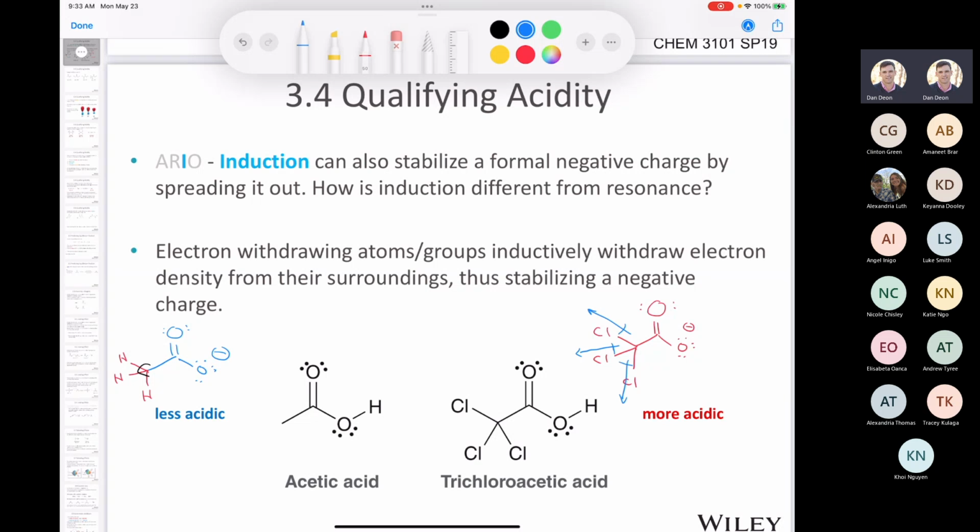So it pulls electron density away from the oxygen, and it stabilizes that negative charge even more. Again, we can't use atom, we can't use resonance, but because chlorine is electron withdrawing, it serves to further stabilize this negative charge, which means that trichloroacetic acid is going to produce a more stable conjugate base, and therefore it is a stronger acid.